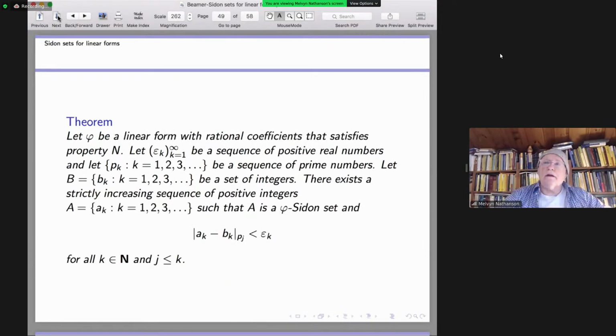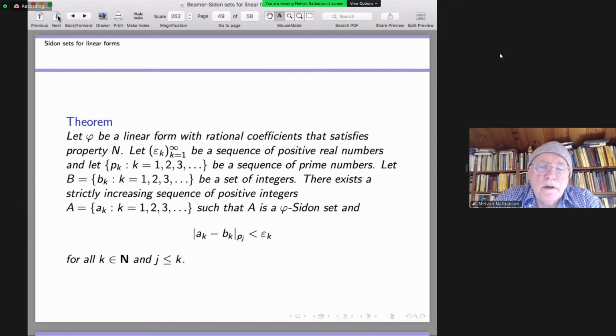And I can now give the following theorem. Let phi be any linear form with rational coefficients that has this property n, this property that the subset sums of the coefficients of the form are not equal. Take any sequence of positive real numbers and take an infinite sequence of prime numbers and let B be any set of integers.